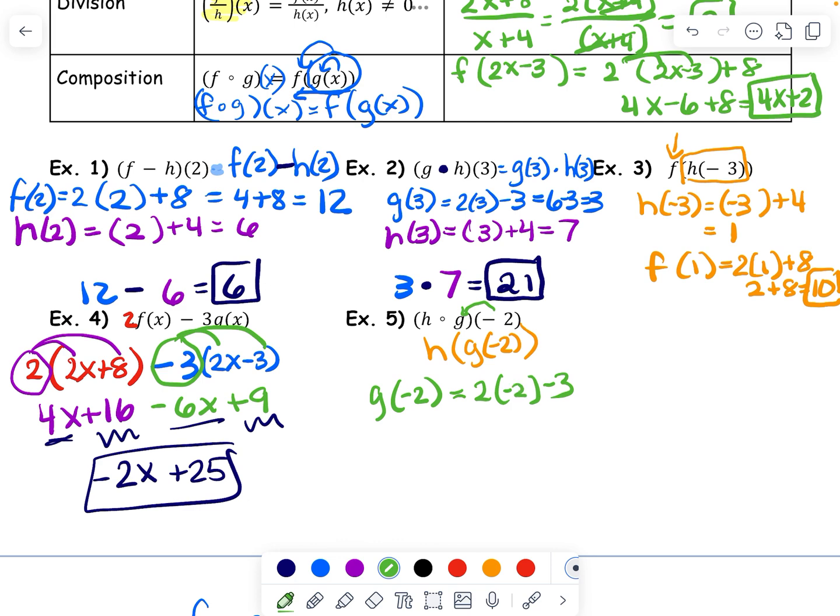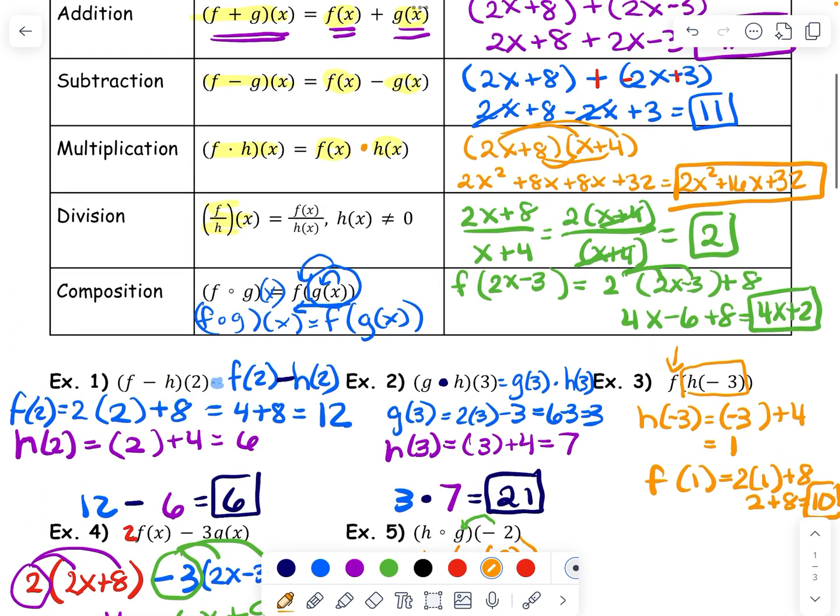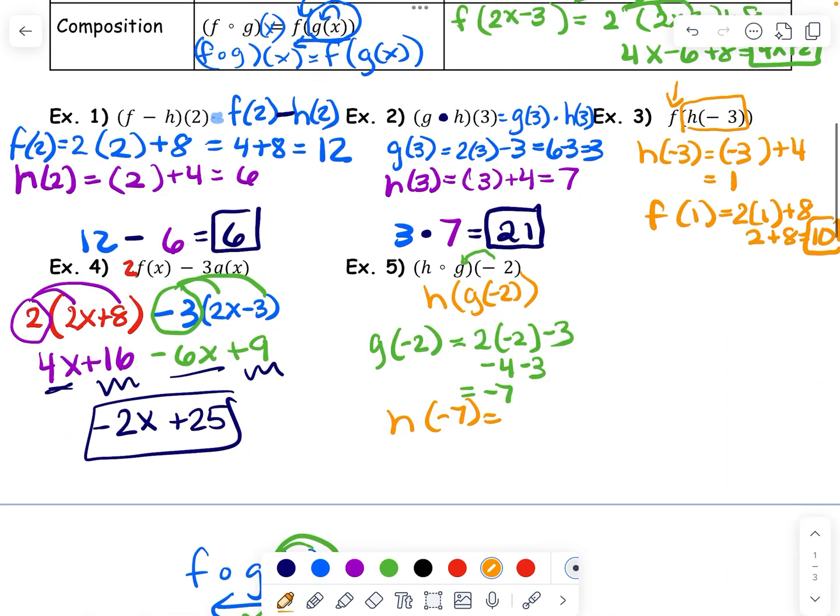So we put the negative 2 in, and we get negative 4 minus 3, which is negative 7. Now what we're going to do is we're going to do h of negative 7, because that's going to fall into the h. And h is x plus 4. So we put the negative 7 in, and we're going to just get negative 3. So this guy is negative 3.